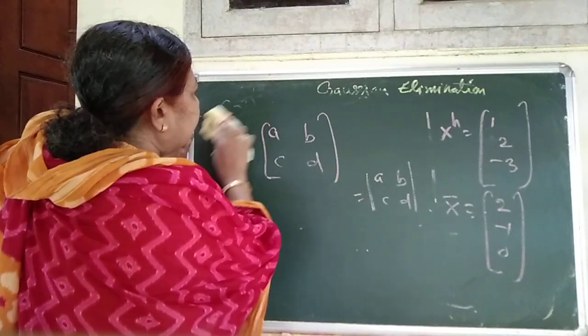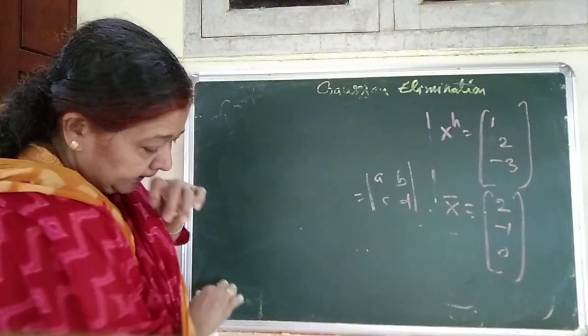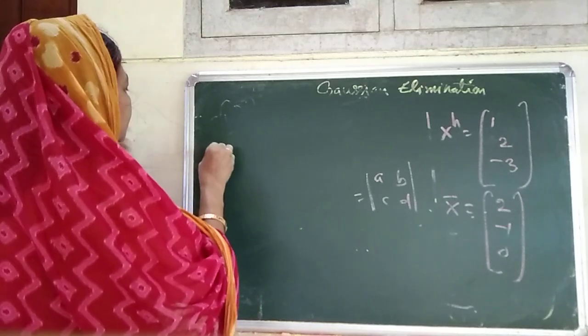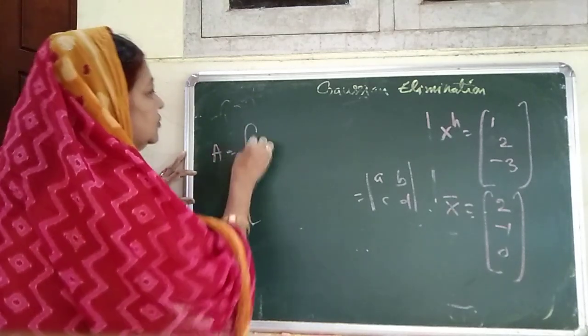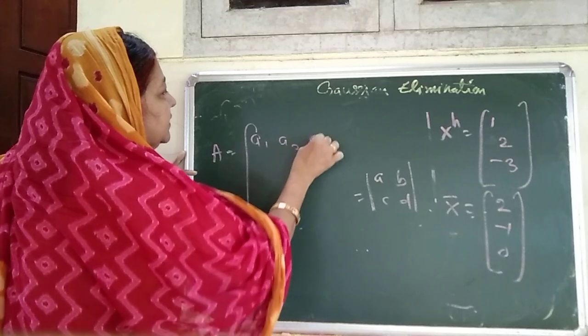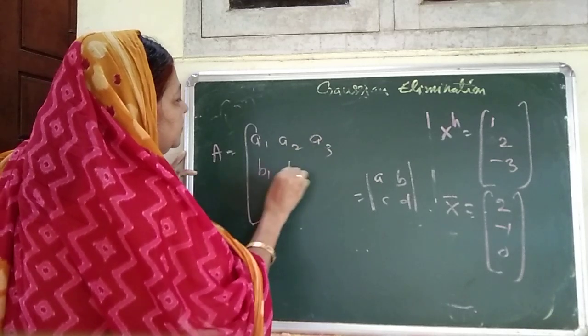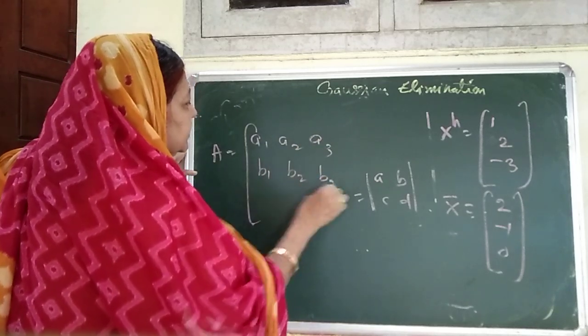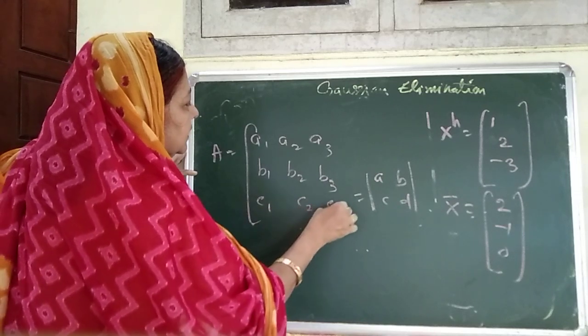Similarly for 3 dimensions, let the matrix have rows A equal to A1, A2, A3, B equal to B1, B2, B3, and C equal to C1, C2, C3.